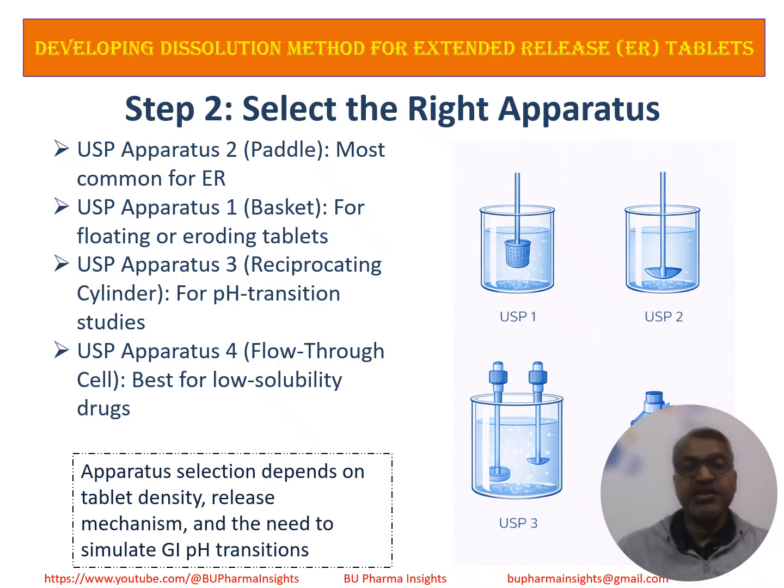USP apparatus 3 is especially useful for pH transition and multi-stage studies. USP apparatus 4 works best for low solubility drugs and challenging formulations. Osmotic tablets may perform well in apparatus 2 or 4, while floating ER products require a basket to ensure proper immersion.